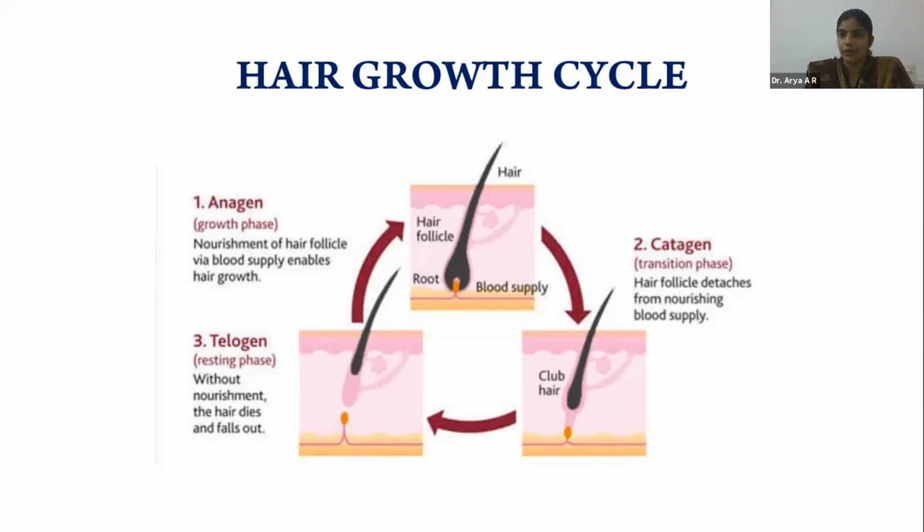Nowadays we are all doing hair coloring, straightening treatments and all, and these are all causing damage to the hair follicles, and this will also lead to alopecia. So these are the majority of the causes regarding the hair diseases.